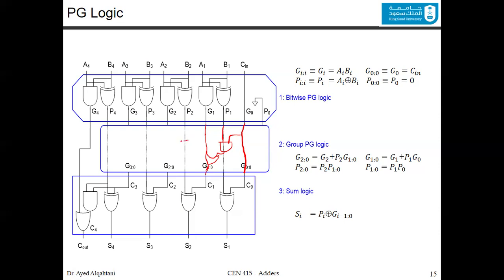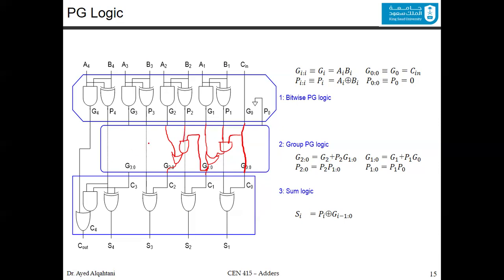So you have AND, OR for this generation. Based on this, we get the generation from 0 to 2. It's either generated at 2, or it is in the previous generation from 0 to 1, which is this point here, and propagated to 2.